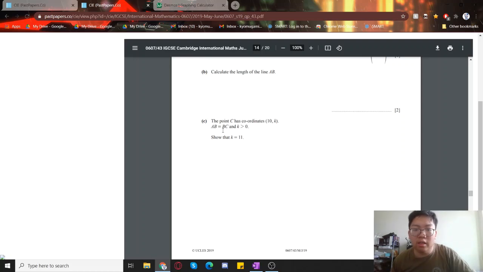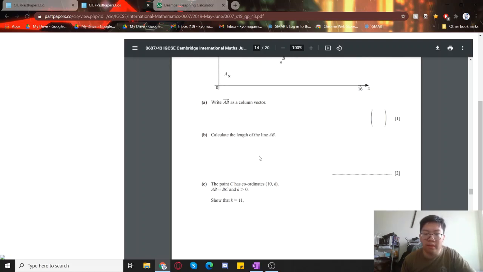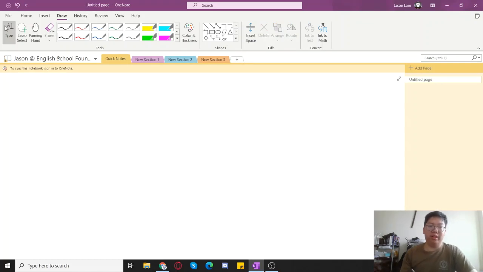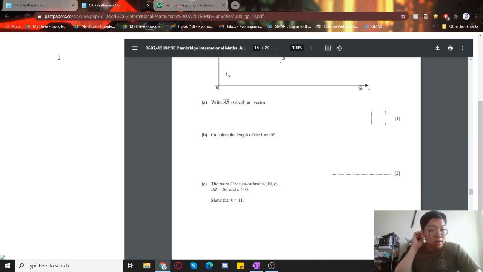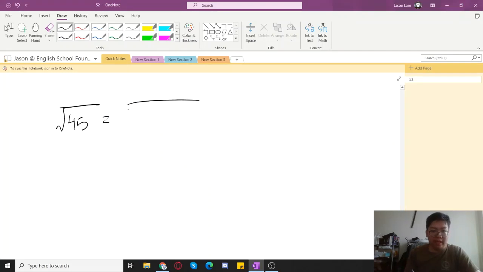Question 10: k, AB equals BC, and k is larger than 0, so show that k equals 11. Okay, they mean the line AB. So this is Pythagoras mixed in with a bit of algebra. So we know that root 45 is equal to, so there's this term.